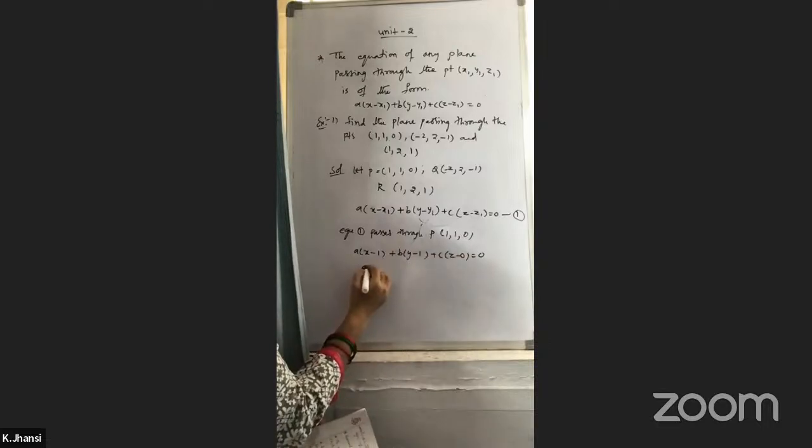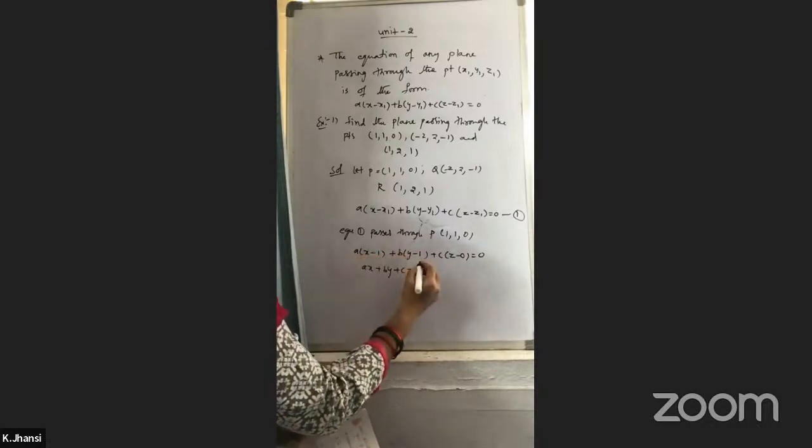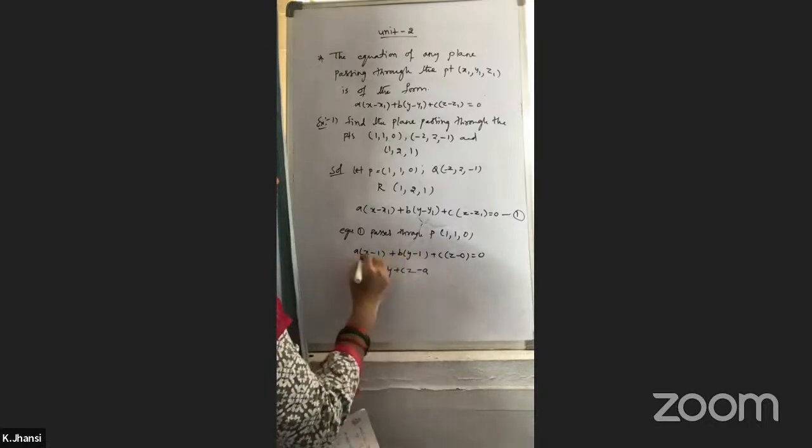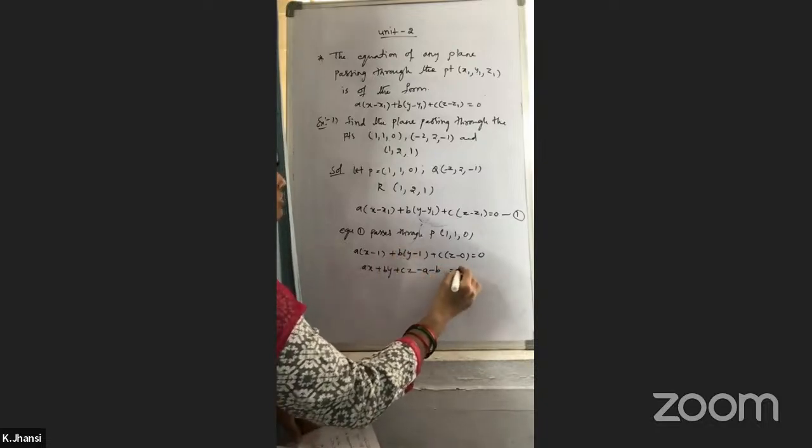If you simplify this, ax + by + cz - a - b = 0.